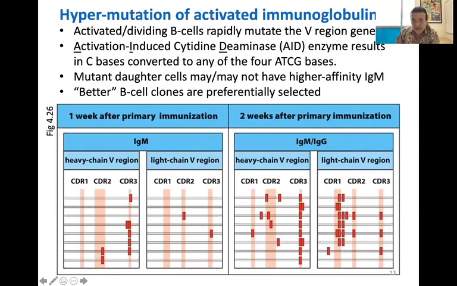This enzyme is called activation-induced cytidine deaminase, and anywhere you have a C base in your DNA, it deaminates it so that this base needs to be removed, and any of the 4 bases are put in its place. It could be a C again, in which case there is no mutation, but it could also be an A or T or a G. So this happens as a B cell is dividing and making 2 daughter cells.